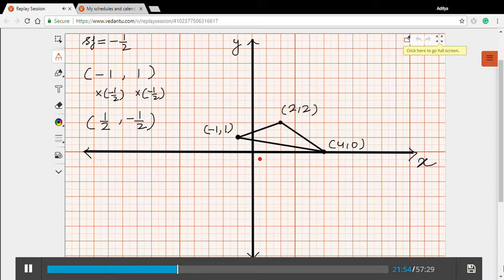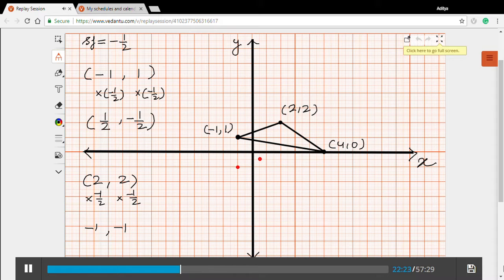Similarly, 2, 2 gets multiplied by negative half, so we get -1, -1, which will be somewhere here. And 4 is also multiplied, so it's -2, 0. So -2, 0 will be somewhere here.